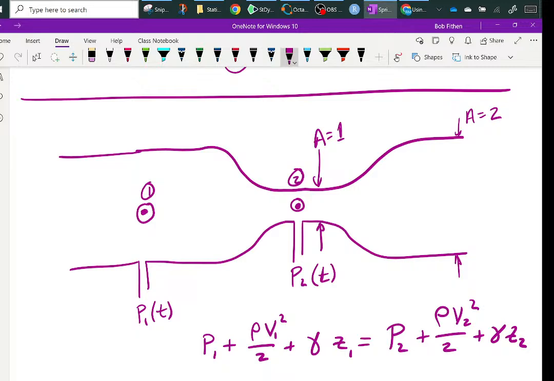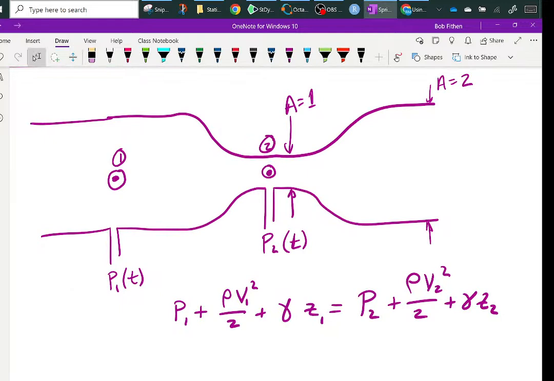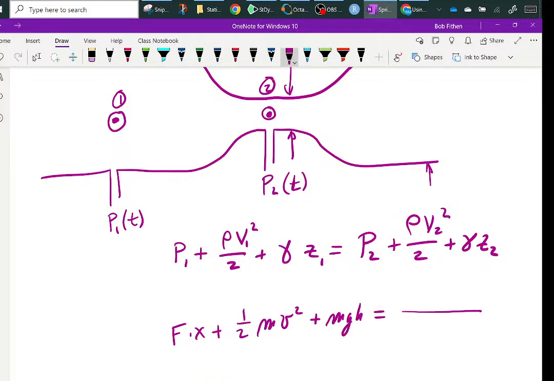But what you find out is, it's just like writing the energy equation: F dot X plus 1/2 mv squared plus mgh is equal to the stuff on the right hand side. Now it's equal to a constant. So let's say I get P out of here.